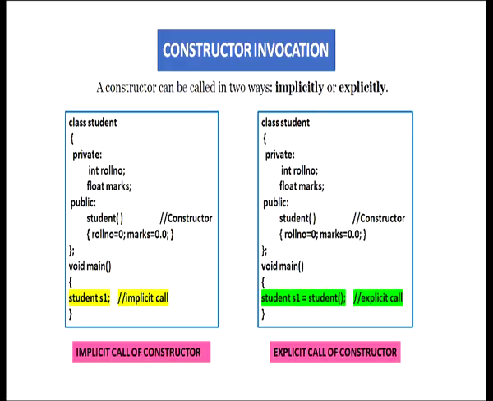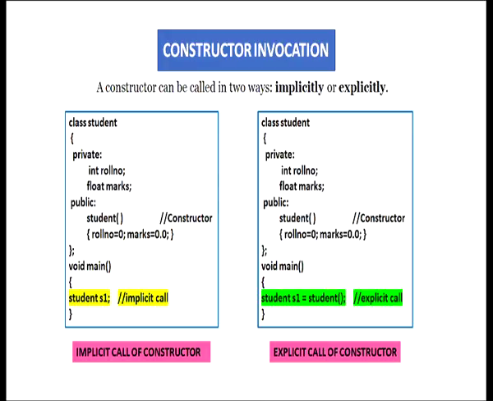Now, in void main, when we give the statement student S1, object S1 of class student will be created, and at that time only the constructor of the class will be called automatically. So, as we are not calling the constructor explicitly, this is the implicit call of constructor.